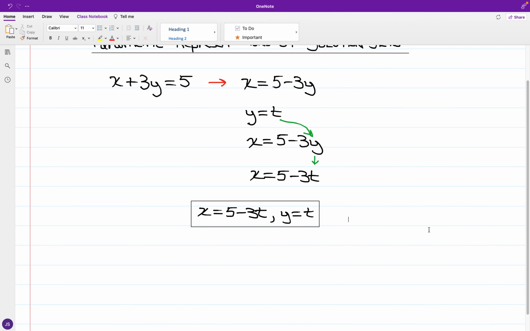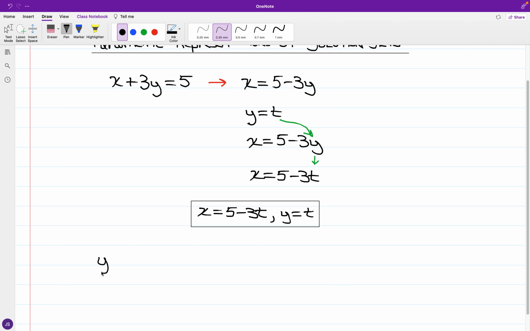Let's say that we have y1 plus 2y2 minus 5y3 is equal to 7. I'm going to write this equation in terms of the leading term, which is y with the subscript 1.